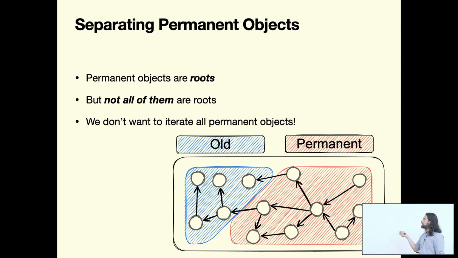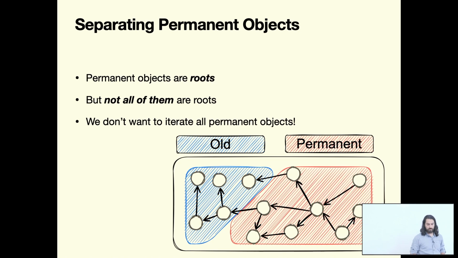If we draw a line here and split objects between permanent and old, one of the things that we see is that the permanent objects need to be roots also of the old space. Why? Because if we don't know anything about these guys, this guy here is going to be collected. But we don't want that guy to be collected. So we need to somehow know that this permanent guy knows this old guy. And the same thing with this and all this graph.